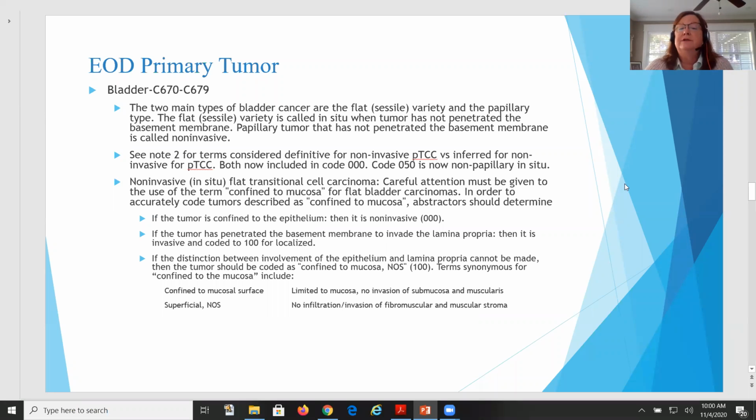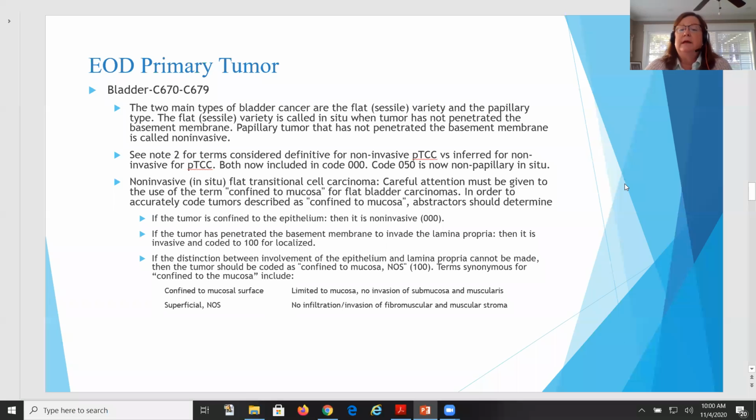Code 050 is for the in situ non-papillary transitional cell carcinomas, just your AD120s. Non-invasive in situ flat transitional cell carcinoma, careful attention must be given to the use of the term confined to the mucosa.